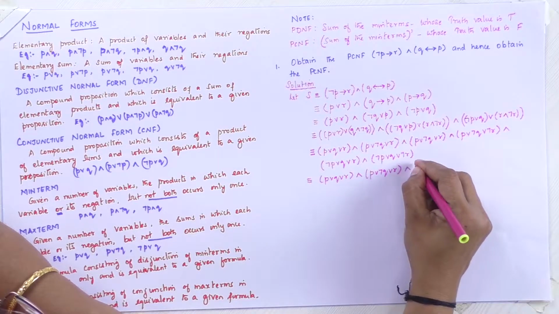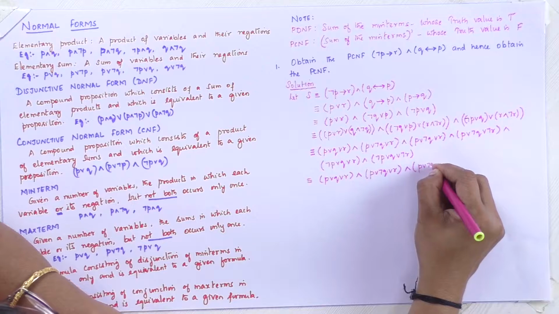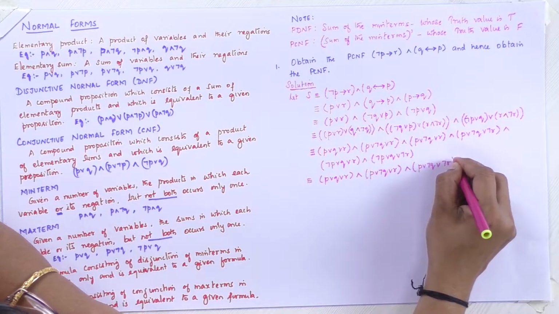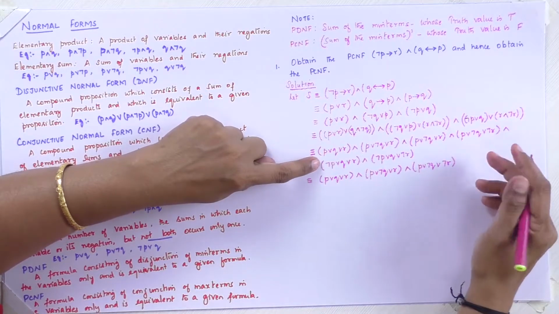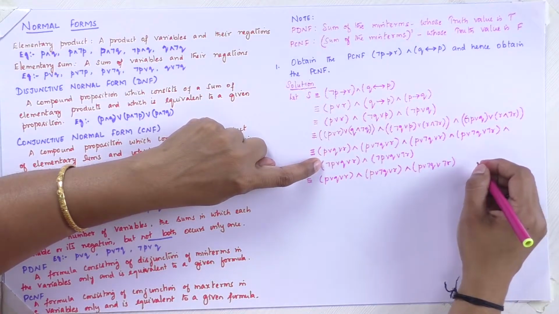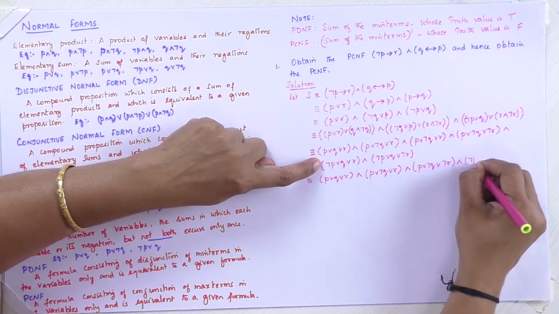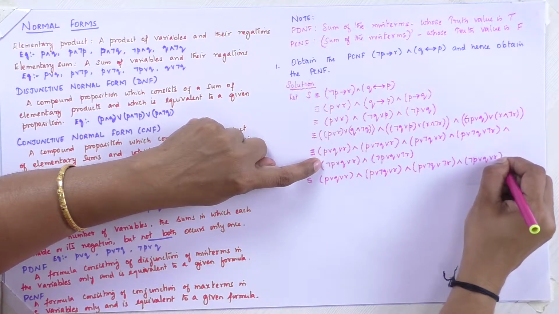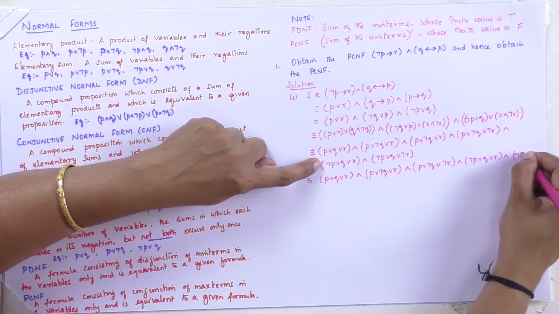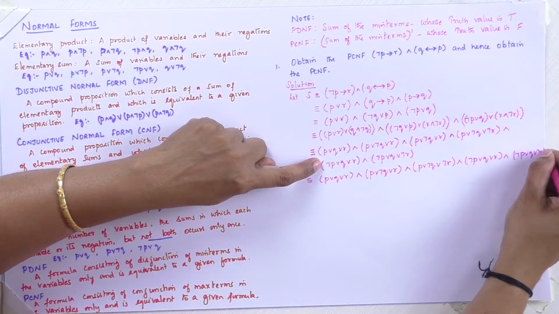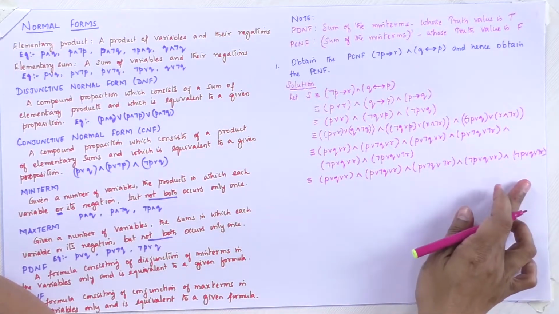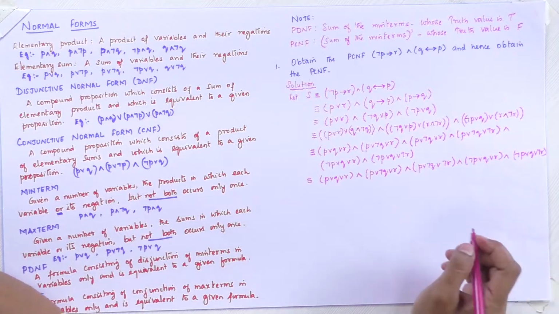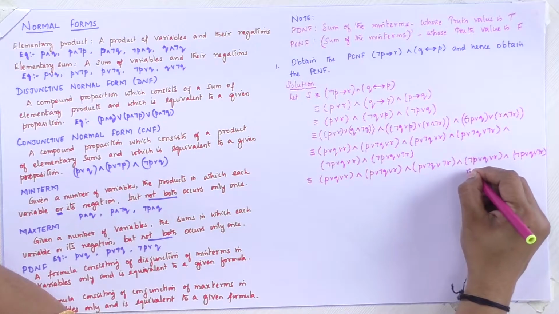No. So it is AND P negation Q or negation R. Then this term is also not repeated. So, AND negation P or Q or R, and negation P or Q or negation R. So, totally how many terms have I got? 1, 2, 3, 4, 5. This is my required PCNF.